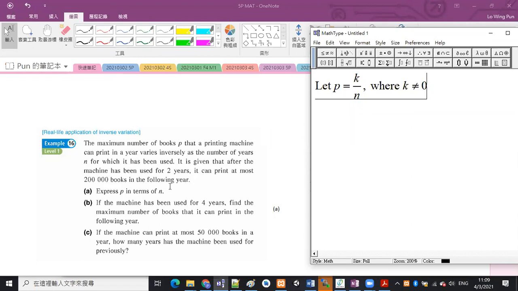it can print at most 200,000 books in the following year.